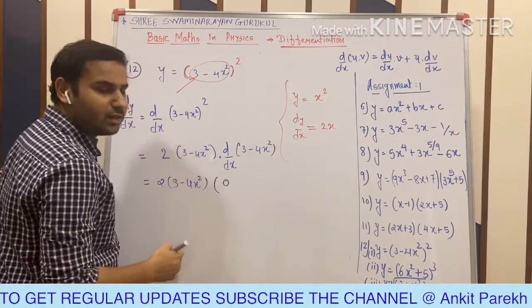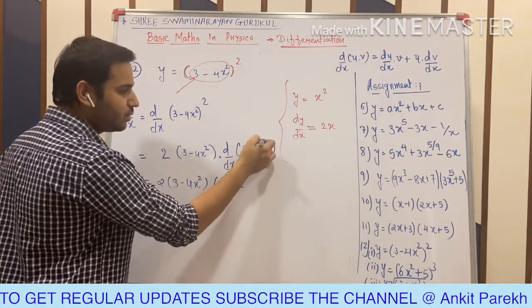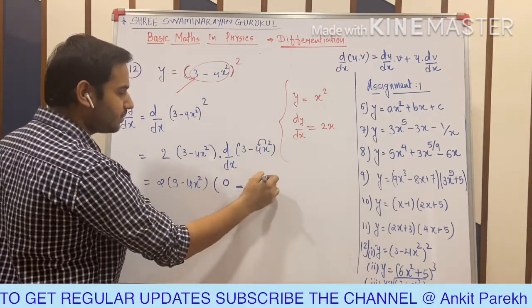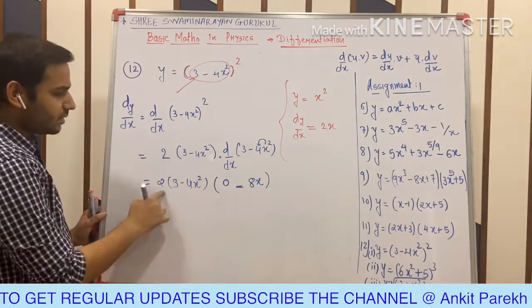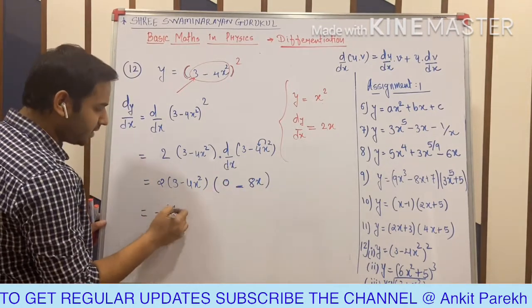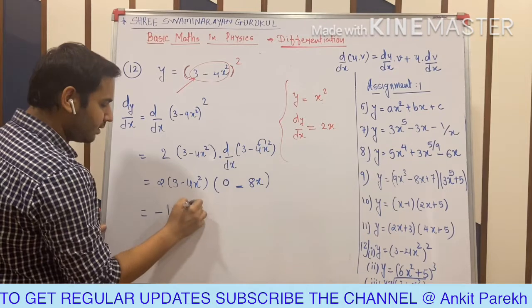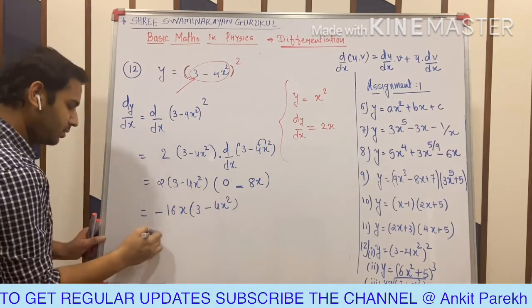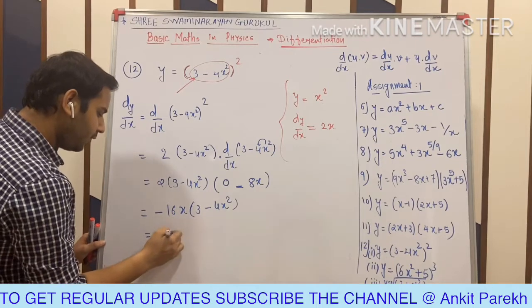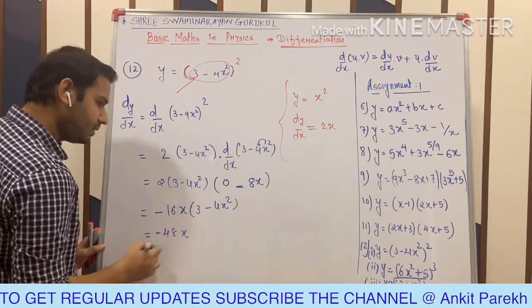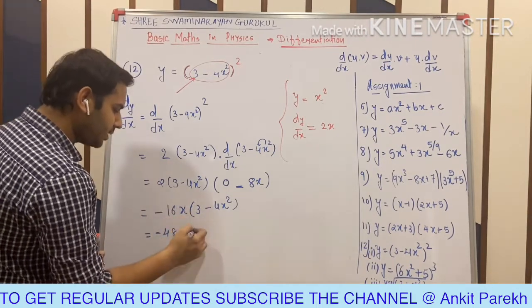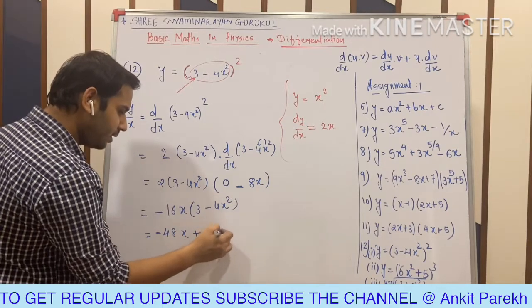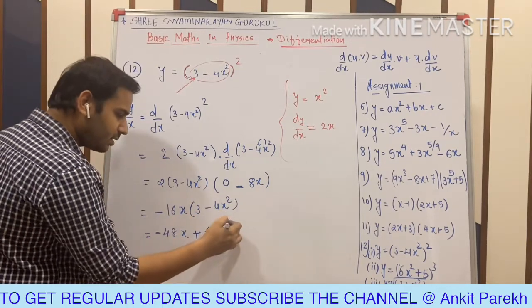Differentiation of 3 is 0 minus this 2 here. 4 2s are 8x. Your answer is 8 2s are 16, minus 16x into 3 minus 4x square. So 48 minus x and minus plus 64x square x cube is your answer.